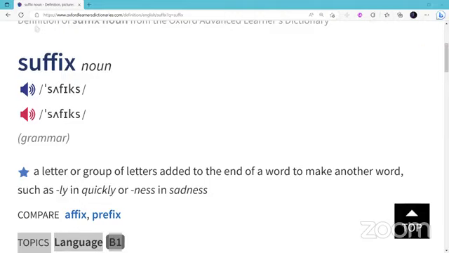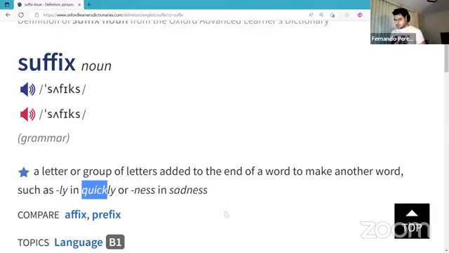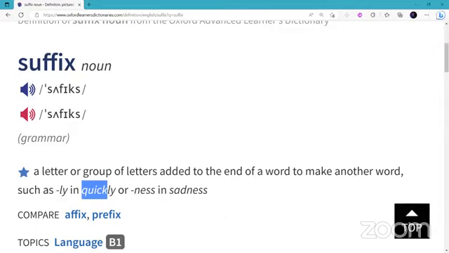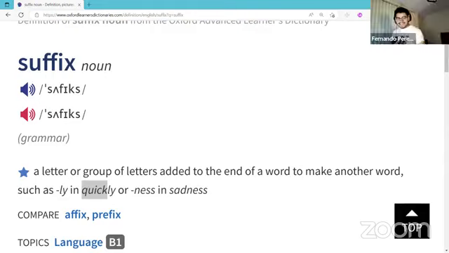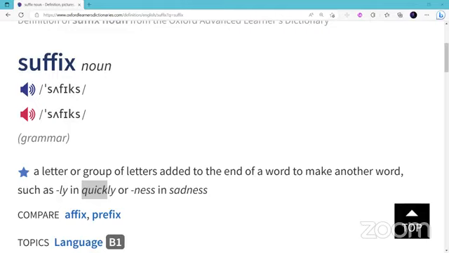Teacher, so when you take an adjective and add -ly at the end of the word, it is suffix.